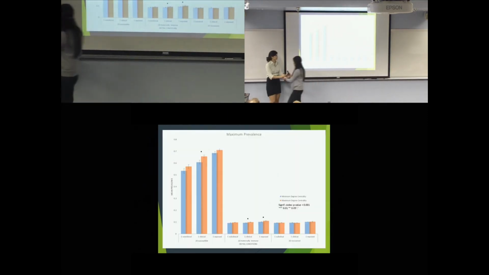So these are the graphs of some of our results. We didn't include all of them because there's a lot of them. But this shows the maximum prevalence when you compare the cow that is most connected or most contacted with the cow that is least in contact with the others. And as you can see, the susceptible individuals here have a lot more prevalence of the disease. That's because they can actually initially contract the disease, where the other ones have to lose their immunity before they contract the disease.